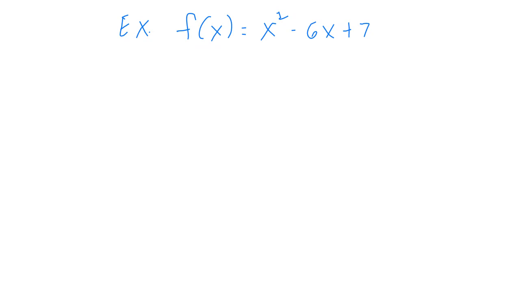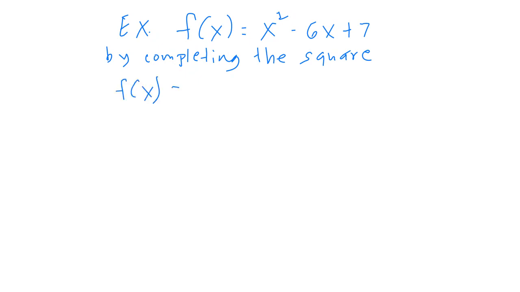Okay, so let's try that one. So f of x, this is by completing the square. So you have f of x here, and then let's move our 7 to the right side, and let's just put a space here and find the perfect square.